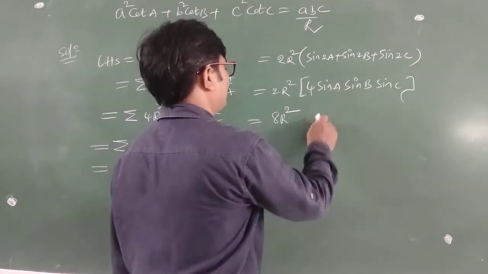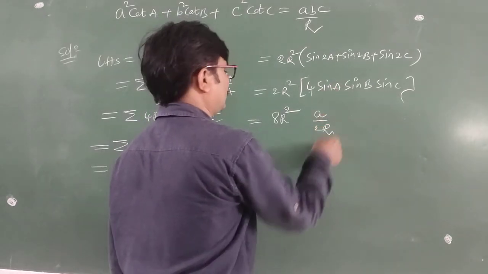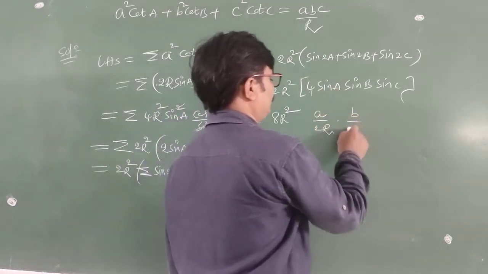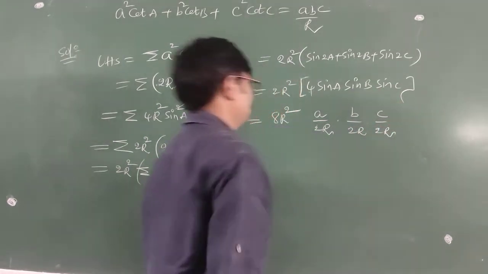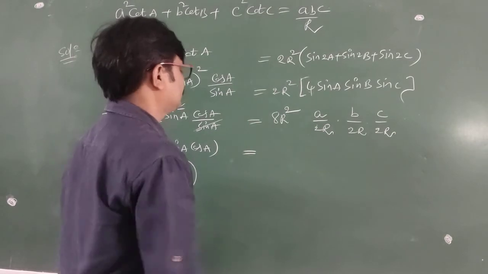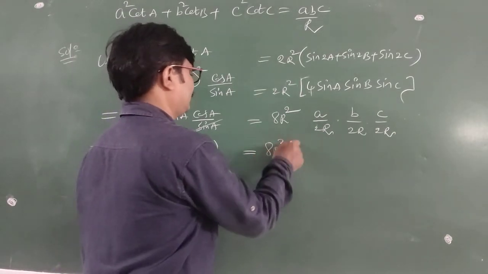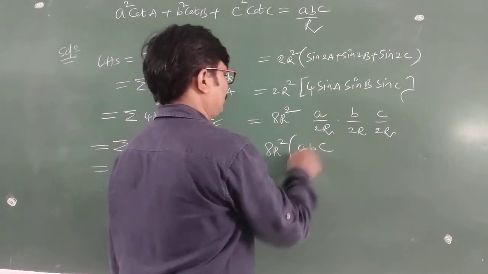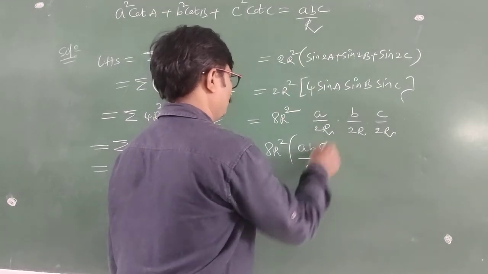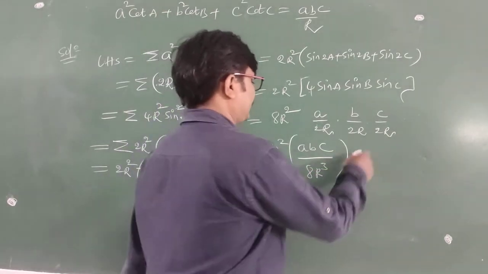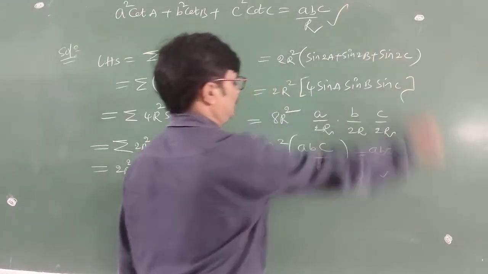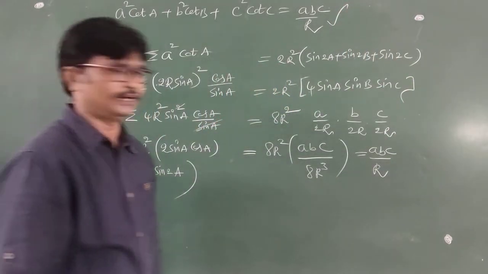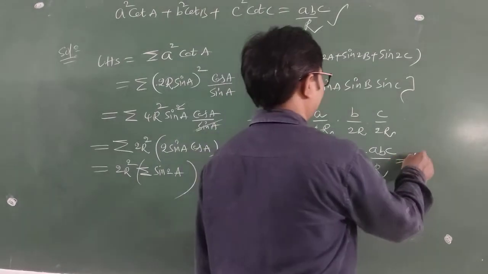From the sine rule, sin A is a by 2R, sin B is b by 2R, sin C is c by 2R. So this is 8R square abc upon 8R cube, so we can write this as abc by capital R. abc by capital R is the required solution.